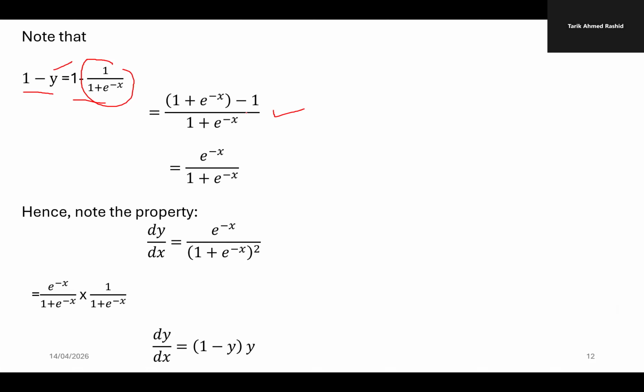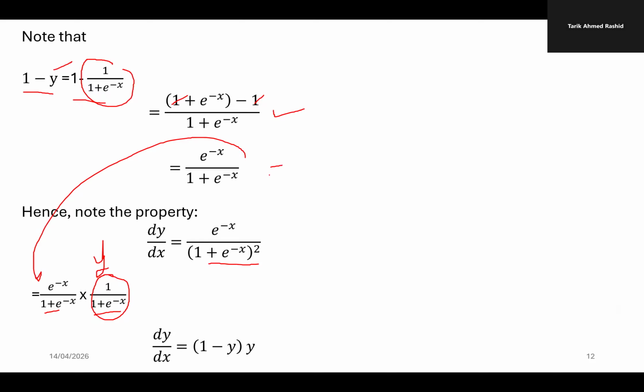Now, simplifying this one, 1 will go with 1. It will be e minus x over 1 plus e minus x. Now, we know that in the earlier slide, we found the derivative of y is e minus x over 1 plus e minus x squared. So I simplify this one. I make it 1 plus e minus x, I separate them and multiply by 1. So this part is the y, okay? And this part is 1 minus y.